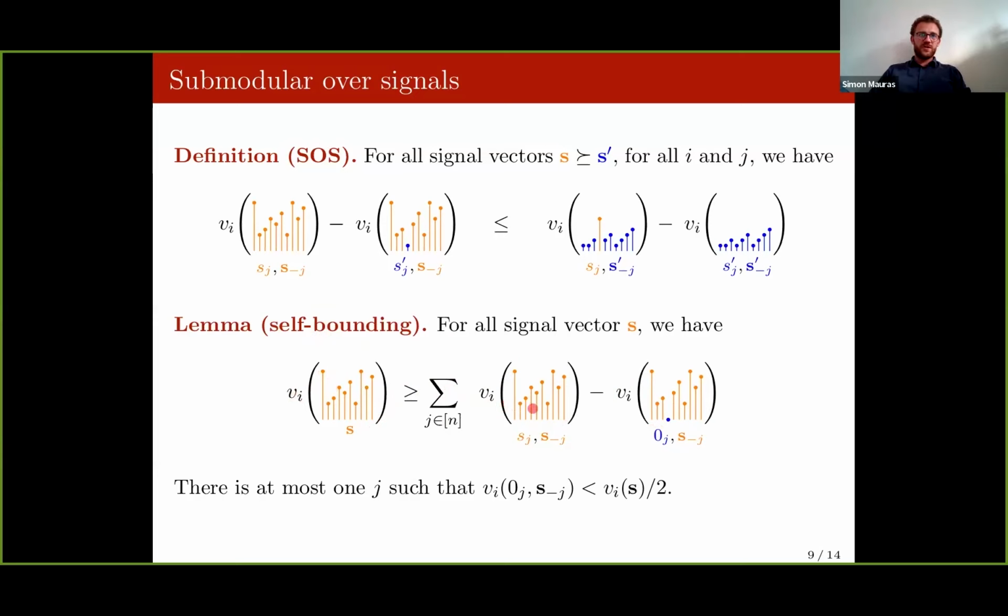And this is a property known to people who work on submodular valuation functions. And this is going to be the key lemma, the key property that we're going to use here.